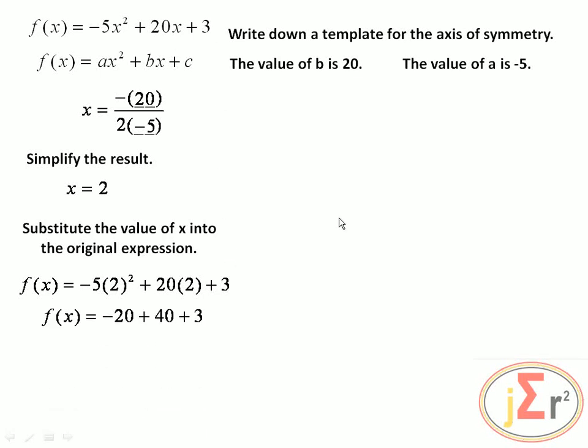When we simplify that, 2 squared is 4. Multiply that by negative 5, we get negative 20. 20 multiplied by 2 is 40, and we have our 3 right there. So f of x is equal to 23.